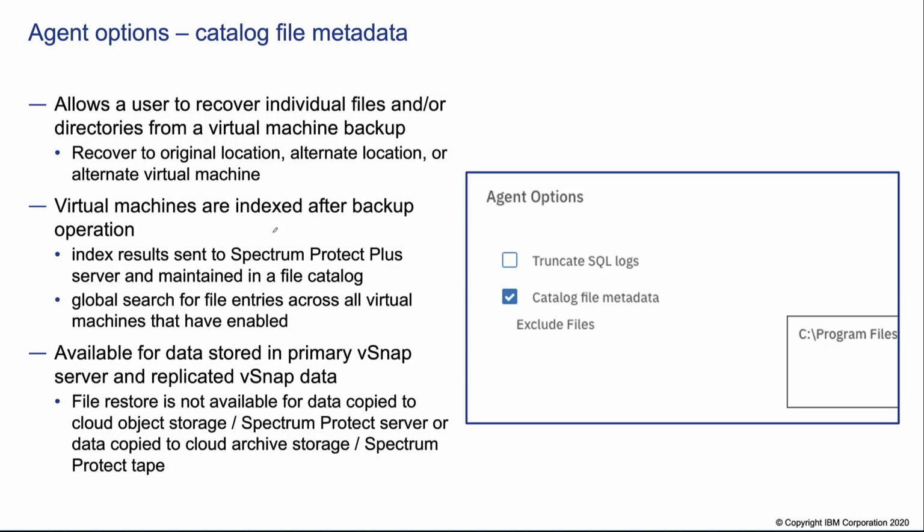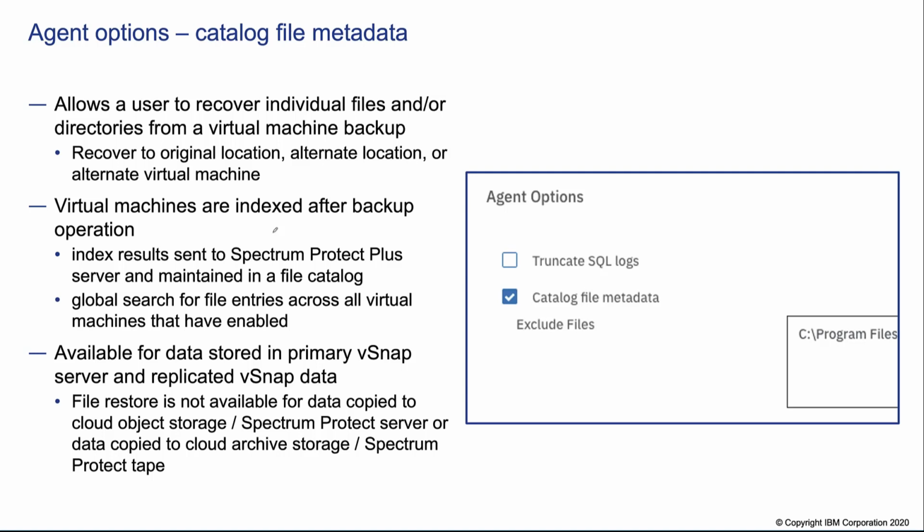After the backup operation is complete, i.e. the data is moved from the virtual machine or the data store into the vSnap repository, then we'll run a separate process that scans the files and directories on the operating system, basically bundles up the results, and sends that information to the Spectrum Protect Plus server, and then Spectrum Protect Plus puts that in a special catalog. And that, again, provides a global search for file entries across all virtual machines that have this enabled.